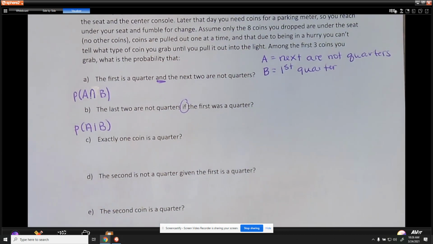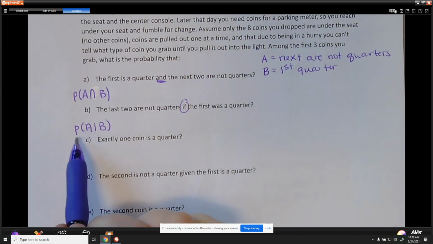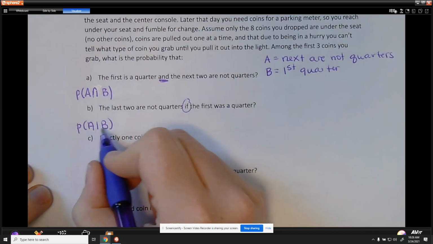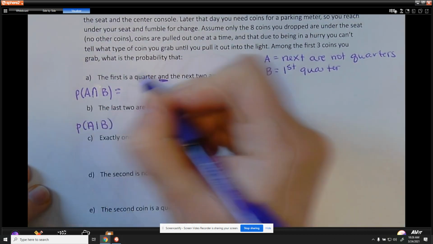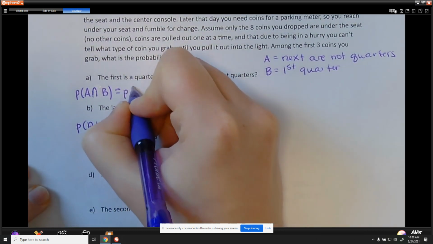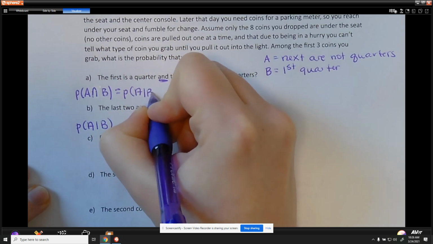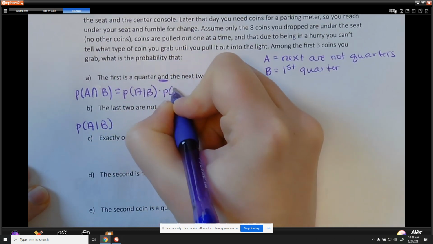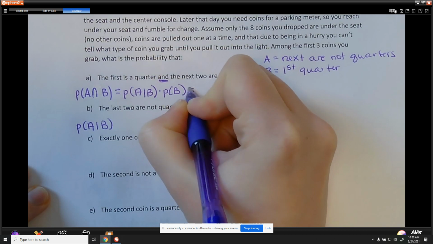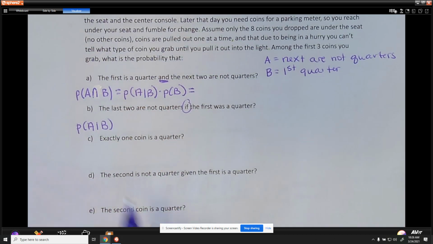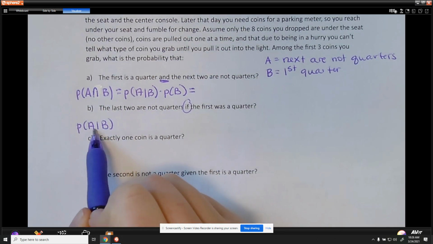So I'm going to start with the probability of B because A given B is needed for this. Our product rule says we want the probability of A given B times the probability of B. That's our product rule. So I'm going to start by finding A given B down here because we need that for up here.